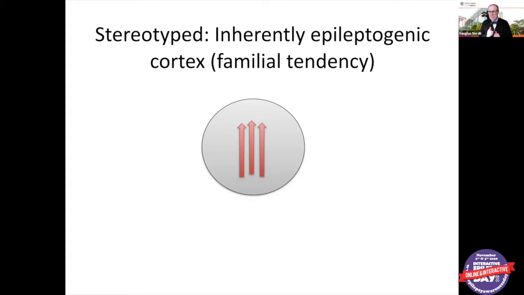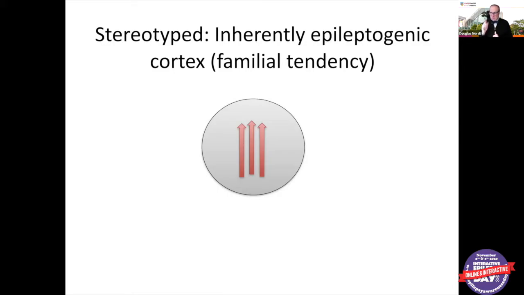That has been known since the 1960s to be inherited throughout families as autosomal dominant, a dominant trait that penetrates through families, and the majority of people in the family, each successive generation, will have that trait. And if you do their EEG, you'll find it. So that's called a stereotyped spike.